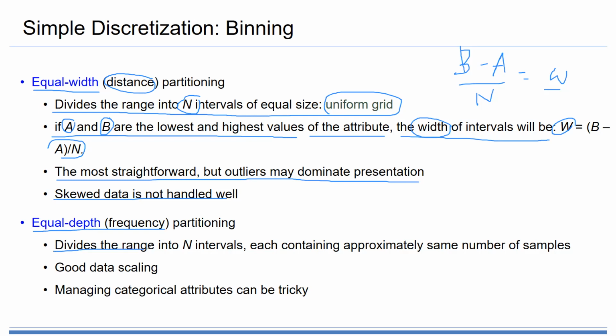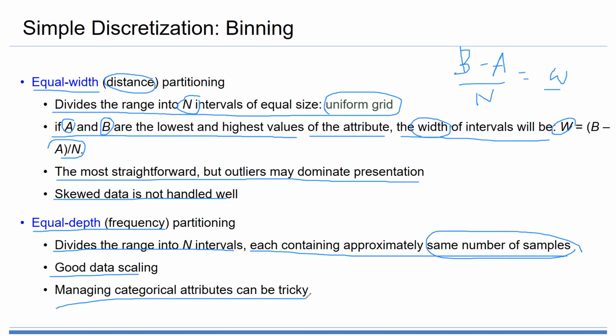We want to divide the range into n intervals containing approximately the same number of samples. So the idea is you want to get the same frequency. It is good for data scaling, but managing categorical attributes can be tricky.